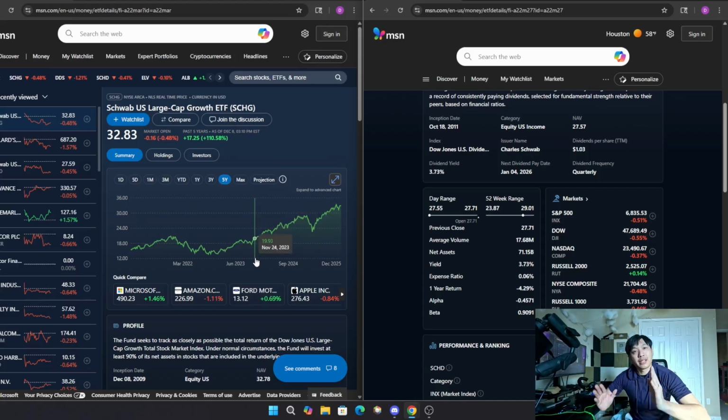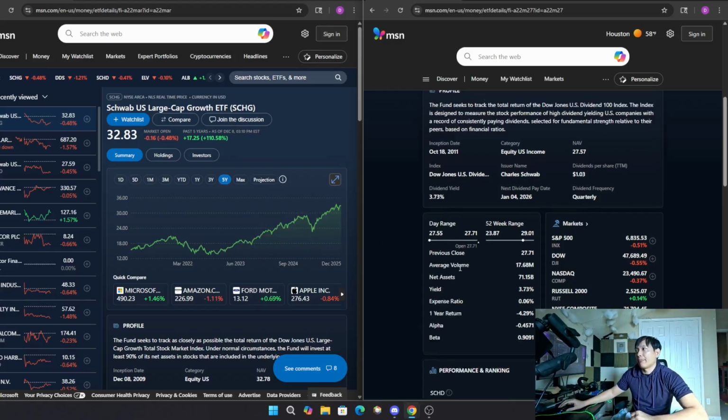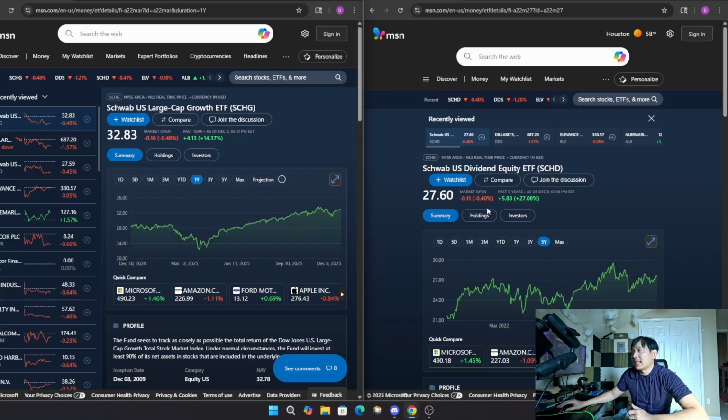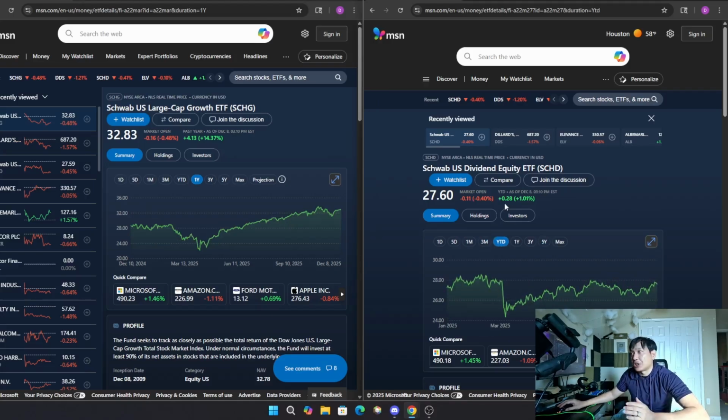And the second thing I look at is, do they perform well, and compare them side by side. So SCHD versus SCHG, let's look at the 1 year and compare them. Well, SCHD is in the negative compared to SCHG.